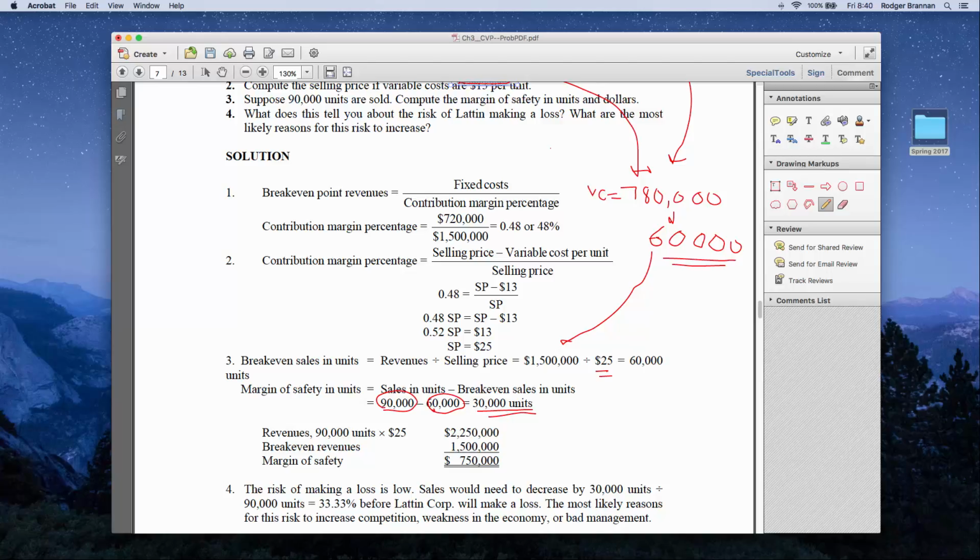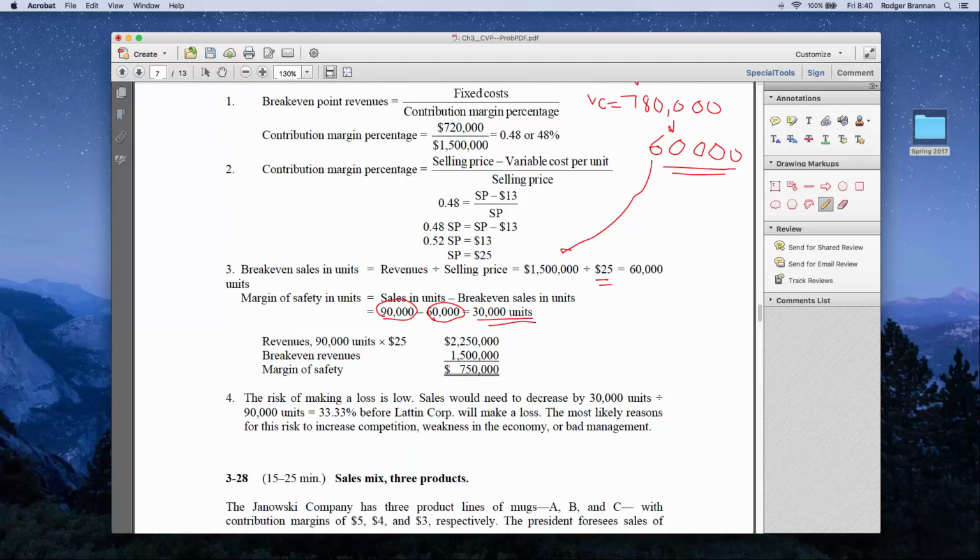Sales would have to decrease by 30,000 units in order for them to begin to lose money. Or the other way you can express it, which is perhaps a little more meaningful, is in terms of percentage. If I take the 30,000 units and divide it by the existing sales, it means these existing sales of 90,000 would have to decrease by 1/3 before we would begin to lose money.